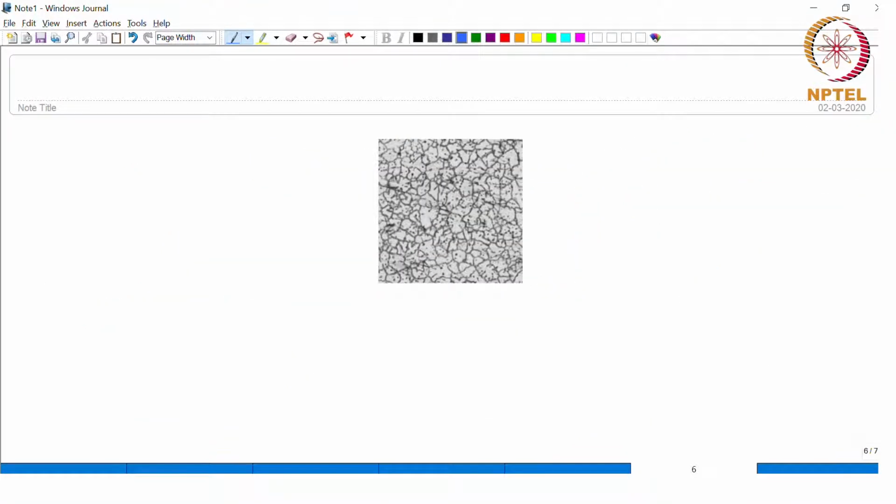In this case, as I said, you can see this kind of globular kind of grains which are more uniform, right, in all direction, and there is no preferential direction as such, like what you saw in case of the dendrites. Okay. So, this kind of structure, as I said, is known as equiaxed structure. Okay.